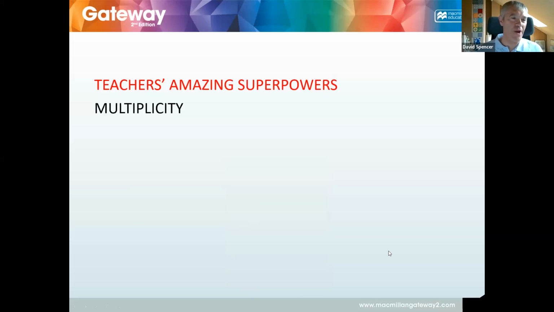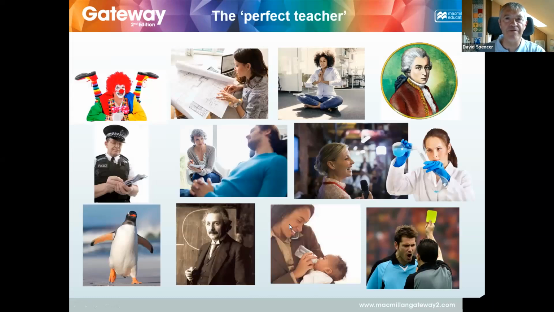Another superpower that we have is multiplicity. Multiplicity is being lots of different things at the same time. This is one of our amazing superpowers. Look at this. This is the perfect teacher. And I think you would agree, or at least you will laugh when you see this picture. What is a perfect teacher?